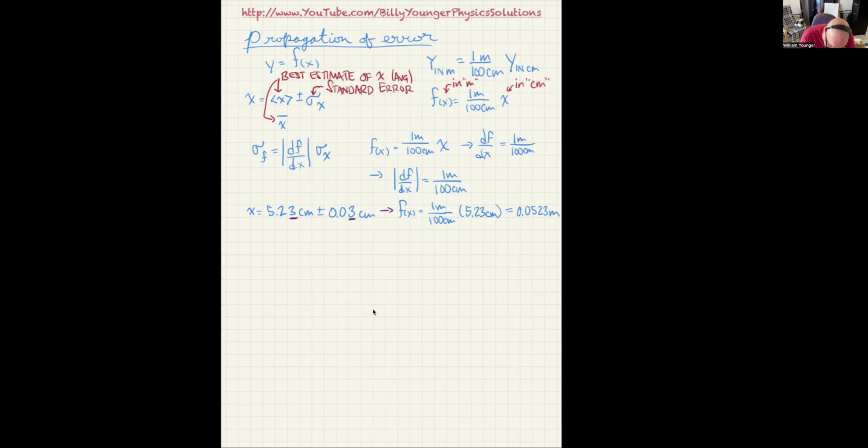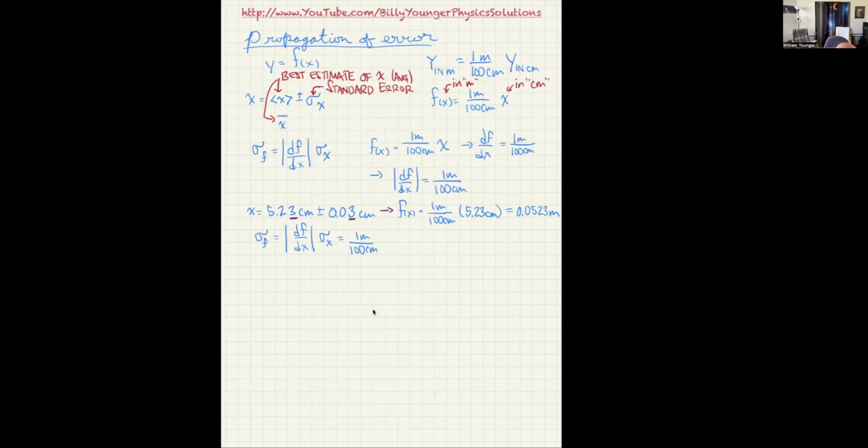And if you wanted the uncertainty, you would say the uncertainty in f is equal to the absolute value of the derivative of f with respect to x times the uncertainty in x. We've already computed what the absolute value of the derivative of f of x is, and that was 1 meter divided by 100 centimeters.